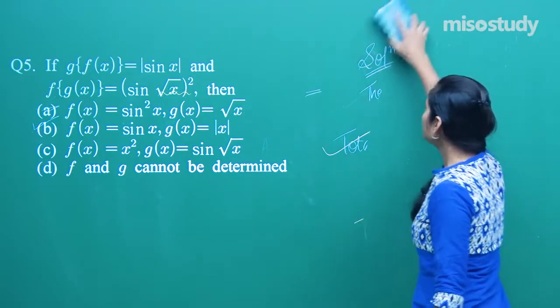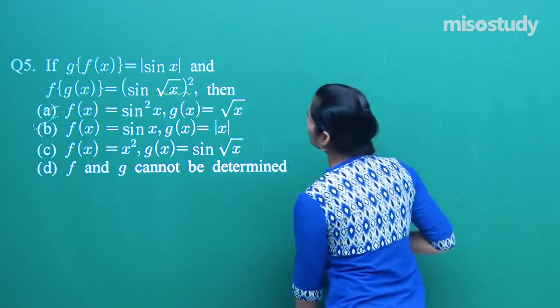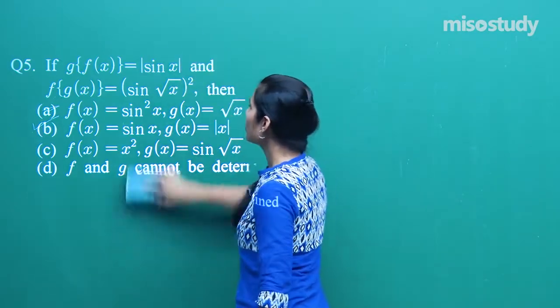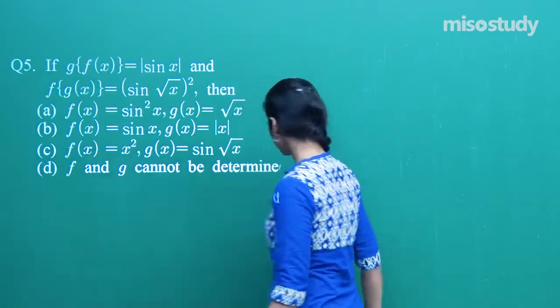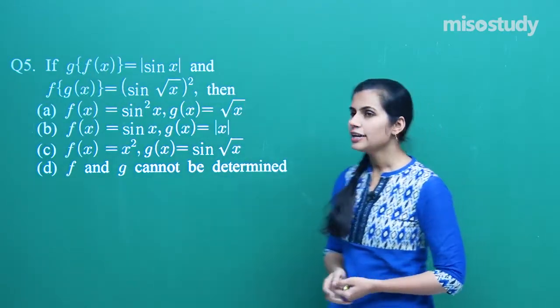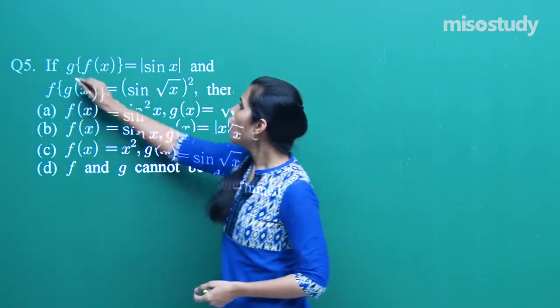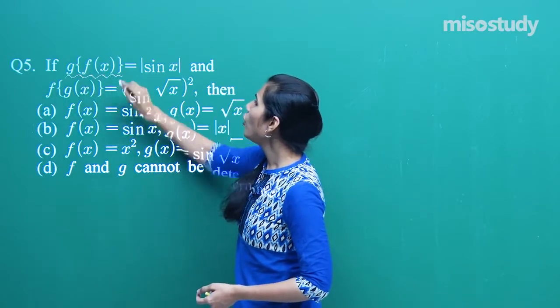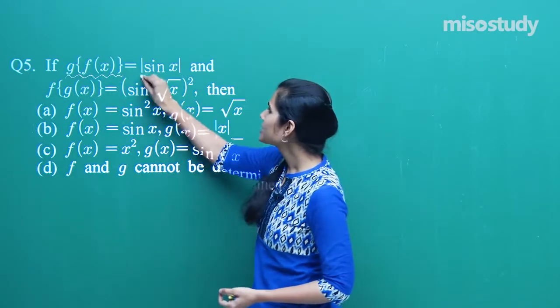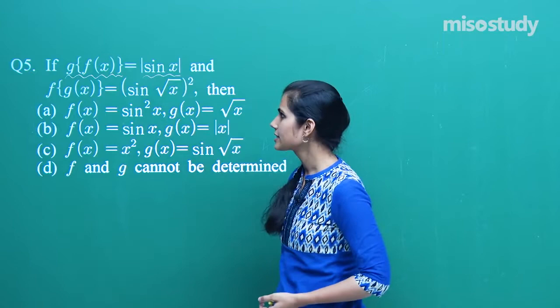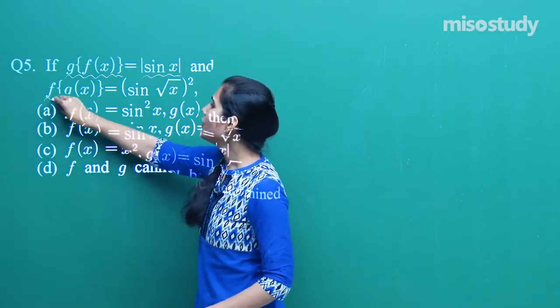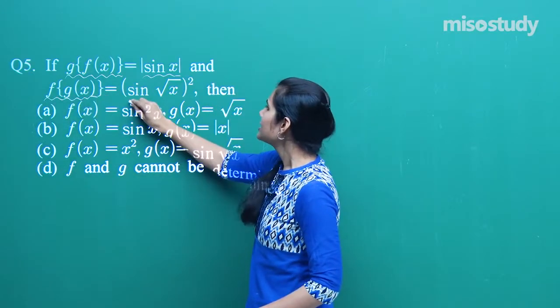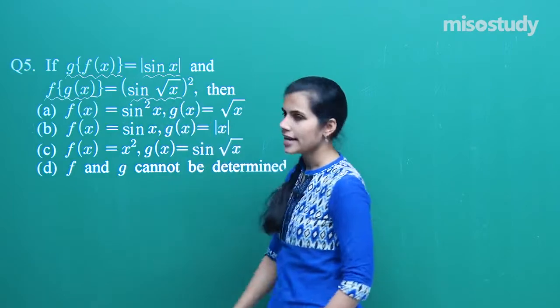The next question, just give it a reading and then try and understand what the question's demand is. Question number 5 is actually giving you GoF of x as mod of sin x and FoG of x as sin of square root x.